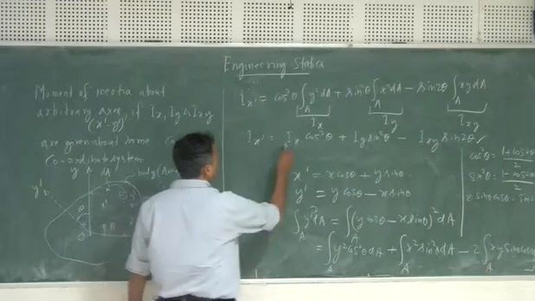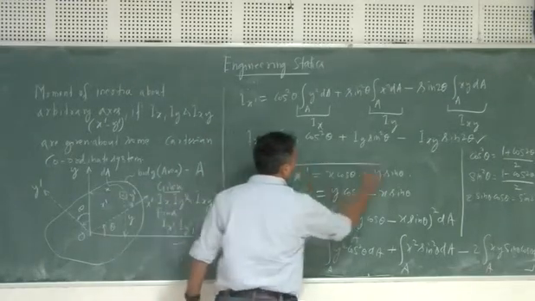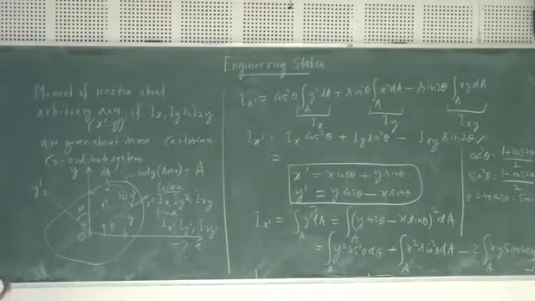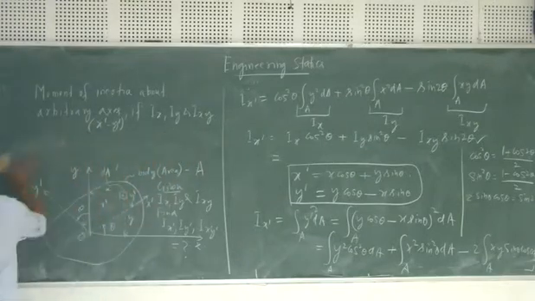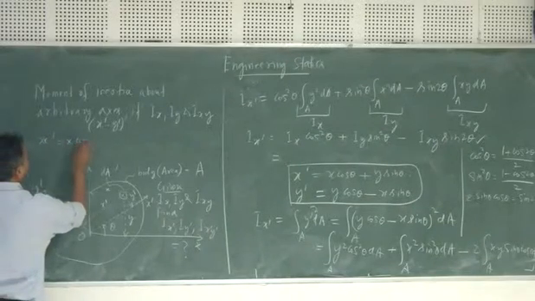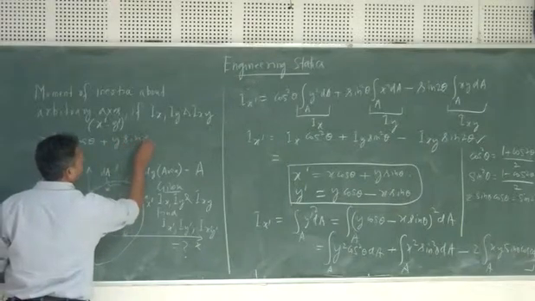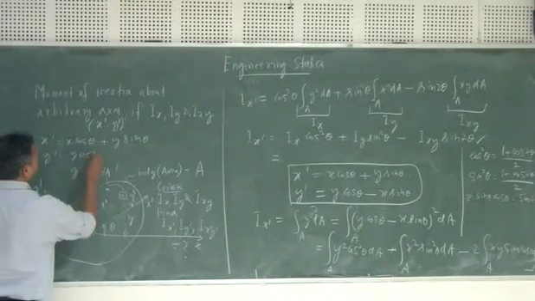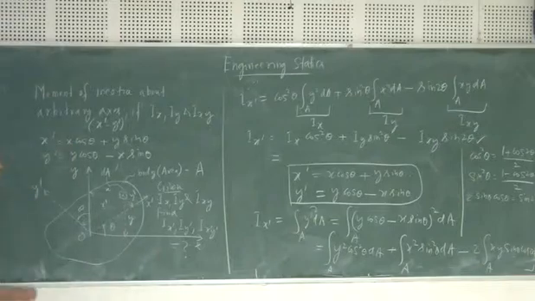What you're going to get over here is, let me mention this somewhere here, and put here the relationship like this: x dash is x cos theta plus y sin theta, y dash is y cos theta minus x sin theta.